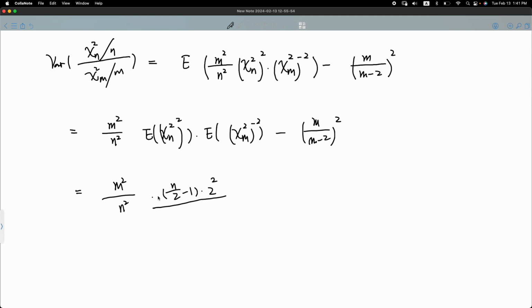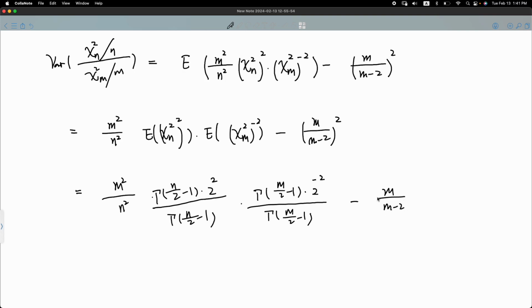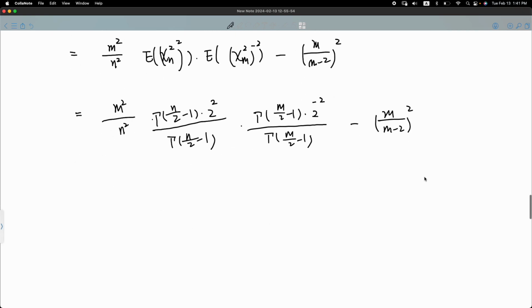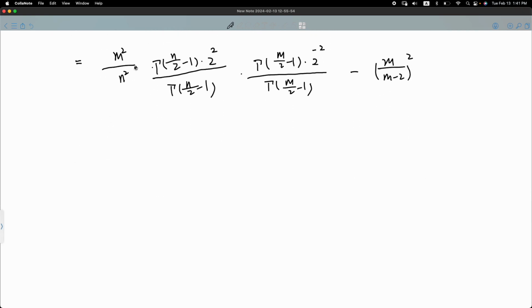And then this is a gamma function of n over 2 minus 1, multiplied by a gamma function of m over 2 minus 1, and then 2 raised to the power of negative 2, gamma function of m over 2 minus 1, minus m over m minus 2 squared. Okay, let's see. Can we simplify?